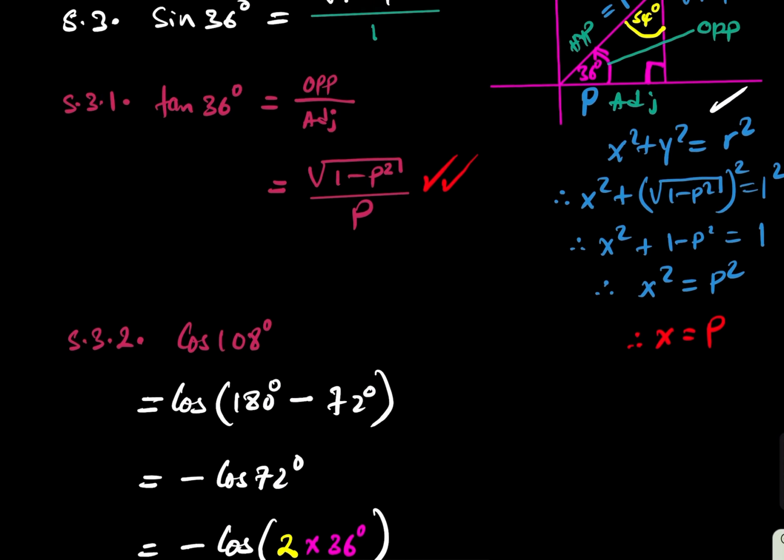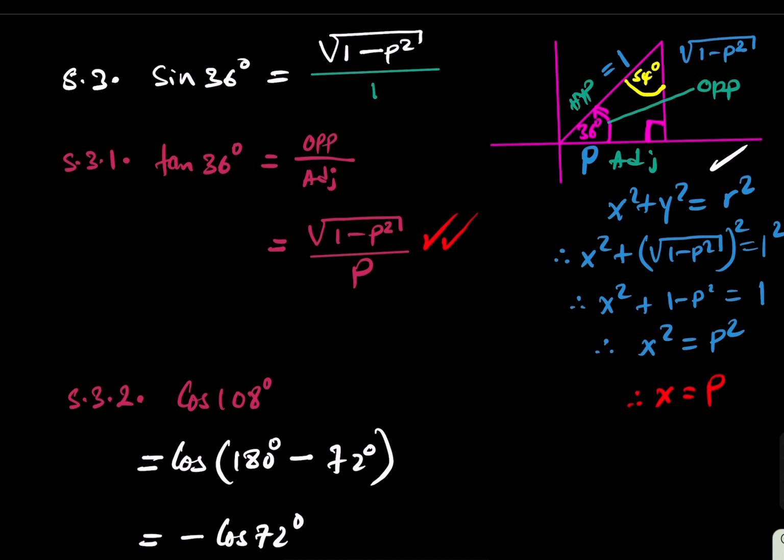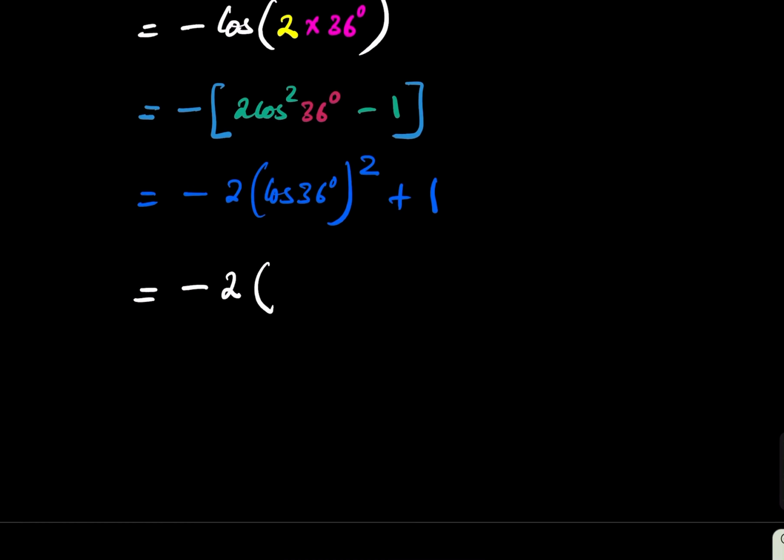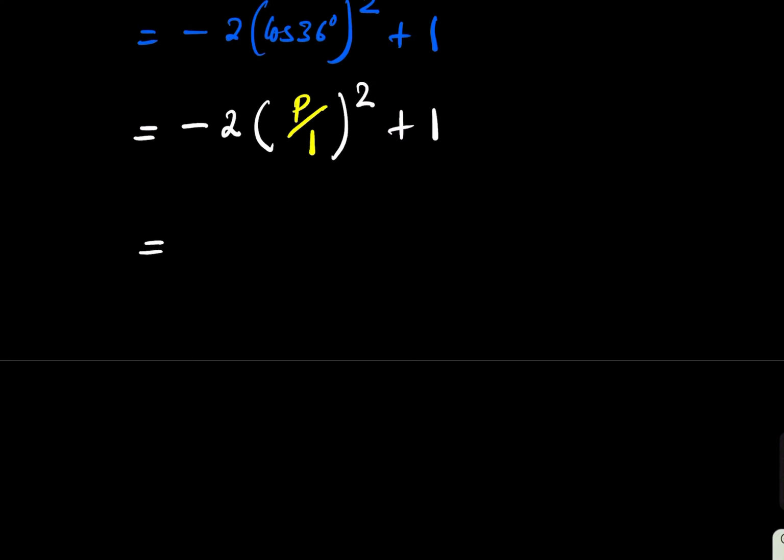You look at your diagram: that is your adjacent over hypotenuse, so that is going to be p over the hypotenuse, which is 1 there. But don't forget to square it. And this is plus 1. As a result, you are going to get negative 2p squared plus 1 if you simplify that properly.